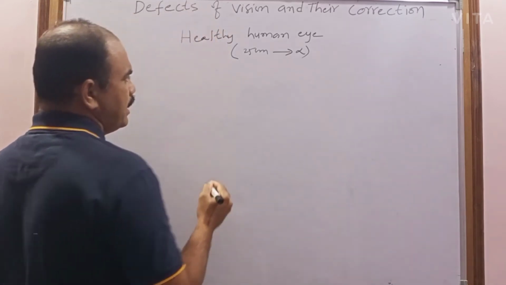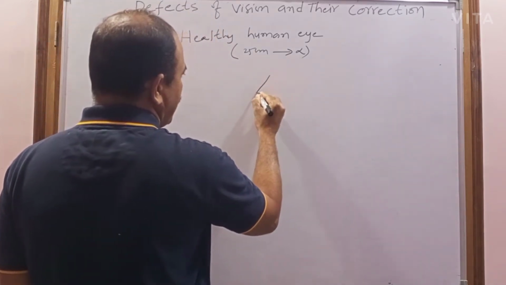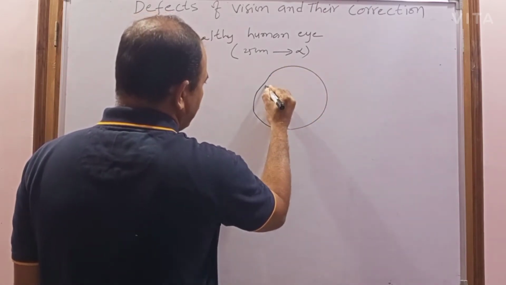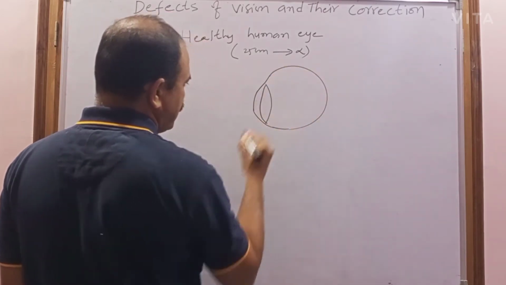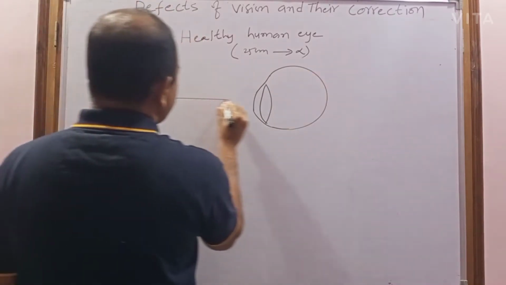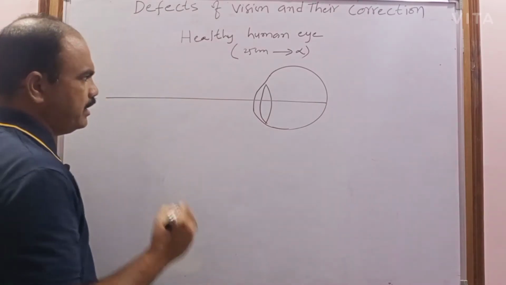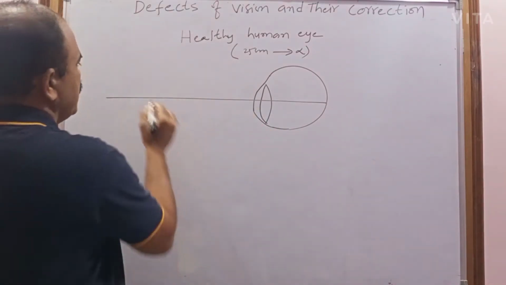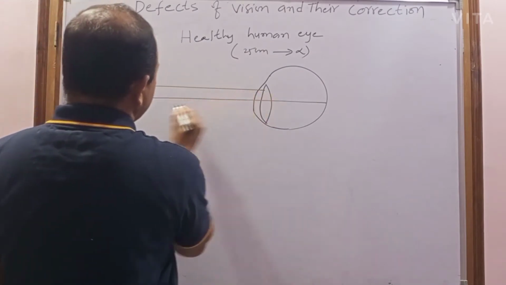Now for example, consider this is a healthy human eye, and this is the eye lens, the crystalline lens. Consider this is the retina, and this is the principal axis of the eye lens. Consider the object is at infinity. What happens when the object is at infinity?